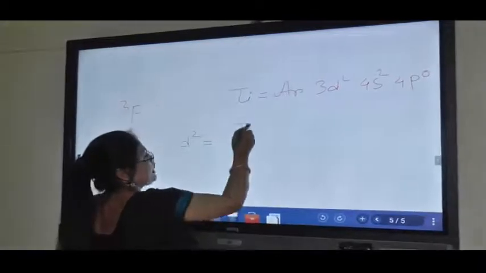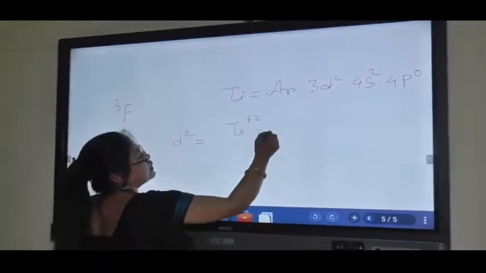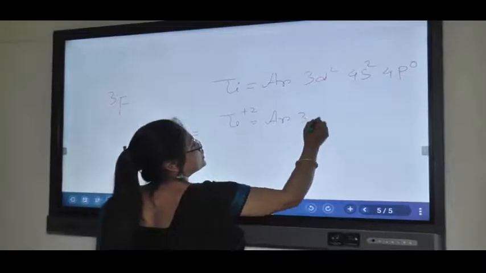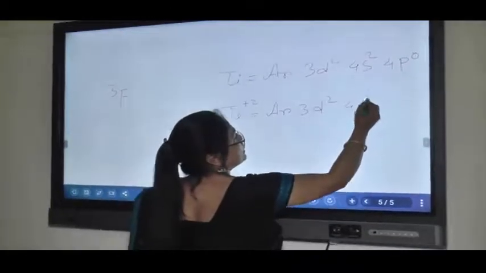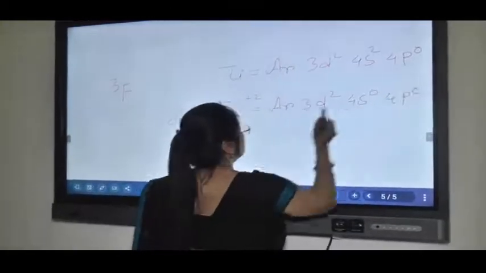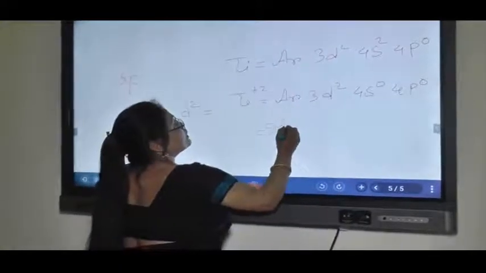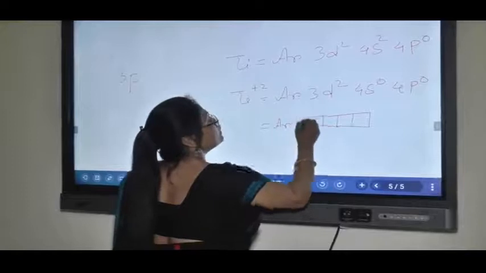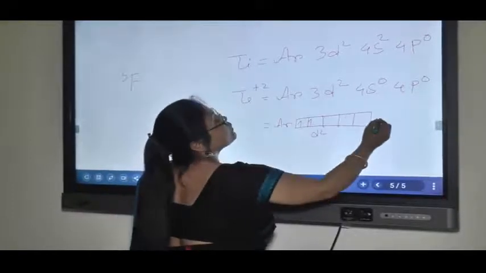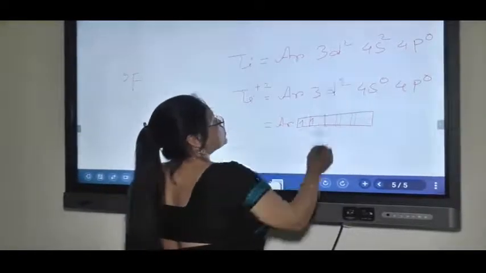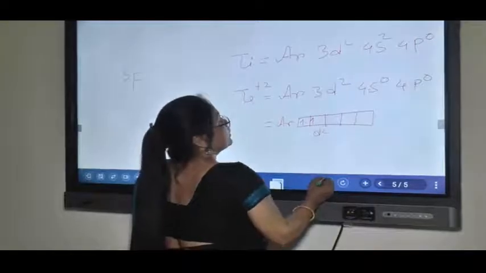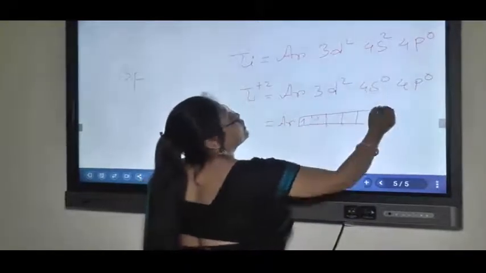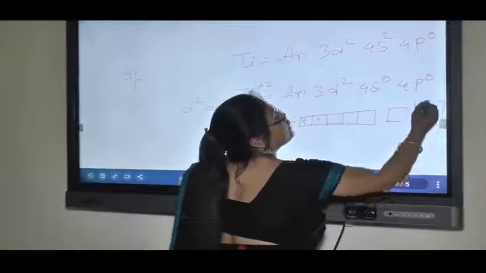In the +2 oxidation state, this will give us the configuration d2 4s0 4p0. So ultimately you will have a configuration with 2 electrons in the d orbitals, and 4s empty, 4p empty.